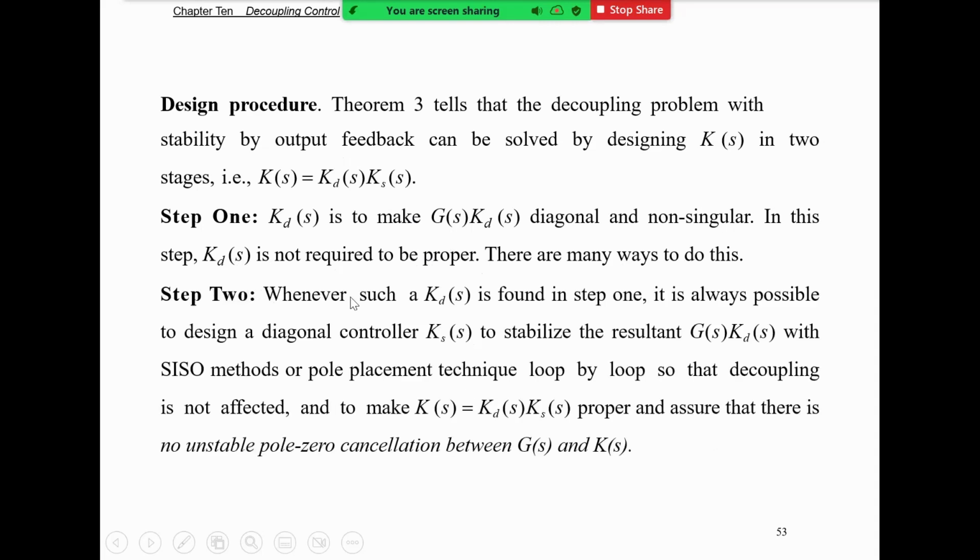The second step, once you design your KD, is to design a diagonal controller KS, because G times KD is already a diagonal matrix. For each diagonal term, you design your stabilizer. The final controller is KD times KS. Just make sure the final controller is proper. Then it will work.